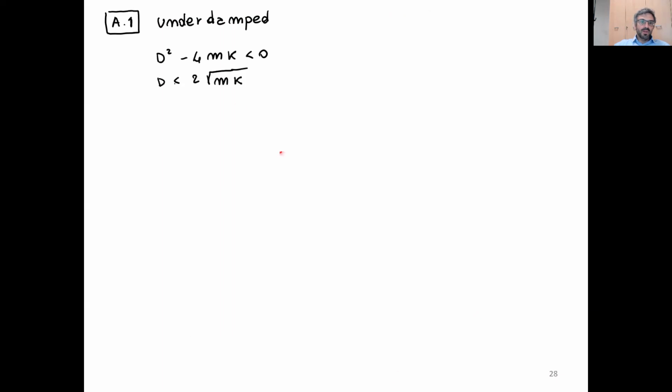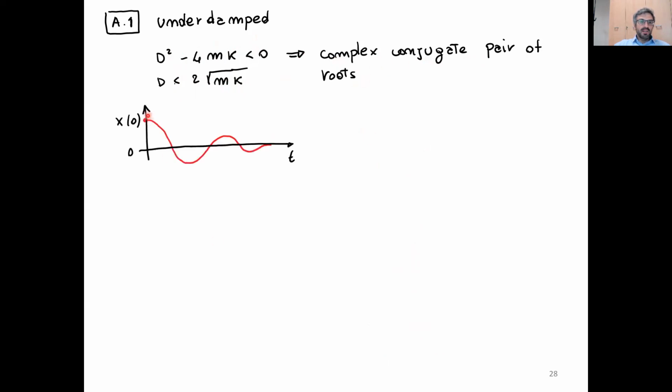In case the argument under the square root is negative, which means d smaller than 2 square root of mk, we get the complex roots, so a conjugate pair of complex numbers, and we get this evolution, that is oscillation. So we start from the initial state. We said we move the spring out and let it go. We have no inputs, and it will evolve with oscillations.